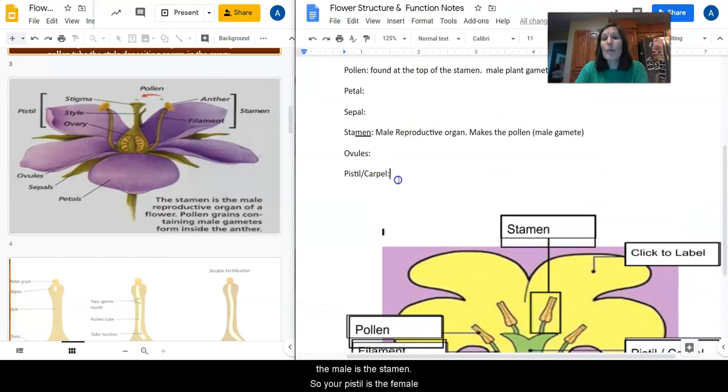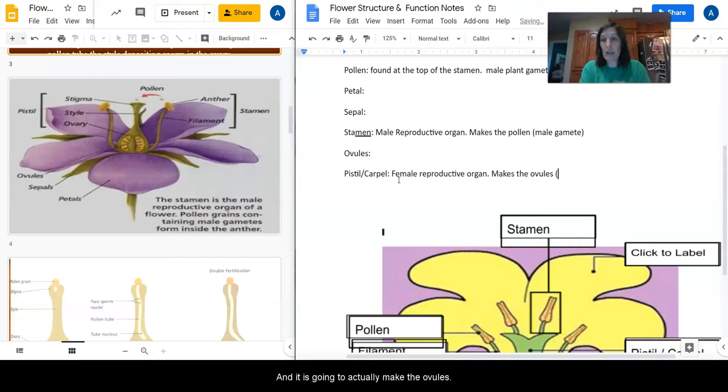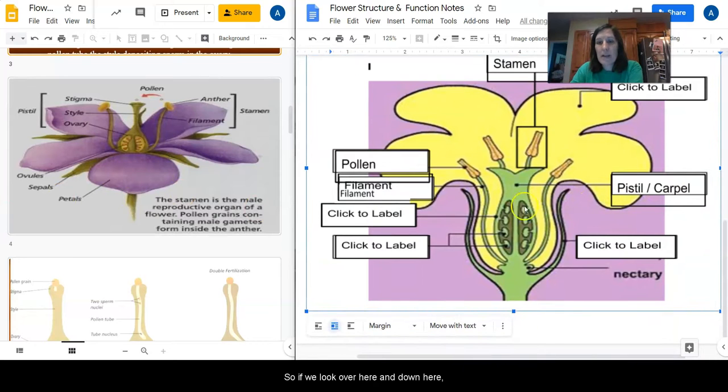So your pistil is the female reproductive organ. It's like the opposite of the stamen. And it's going to actually make the ovules. And the ovules, you guessed it, are the female gametes, the female sex cell. So if we look over here, down here, and over here, you've got this vase looking thing.